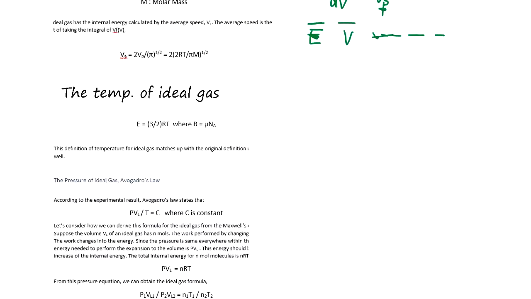Okay, we have the so-called Dalton, not Dalton's, Avogadro's law. That means PV over T is constant.